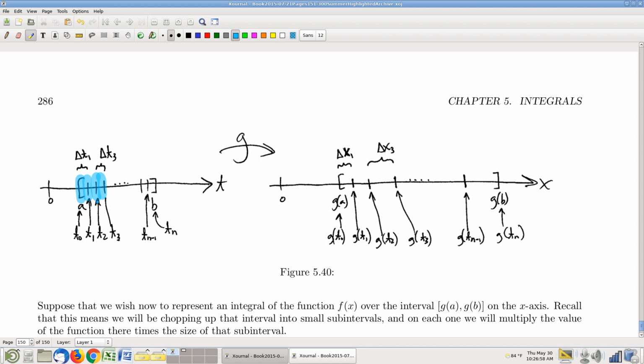There's nothing really that important about these pieces all being the same size. In fact, if you look at an advanced calculus textbook, what they call a real analysis book, the most sophisticated definitions that are given for Riemann integrals do not require that they be evenly spaced, because they don't need to. There's really no need for it.